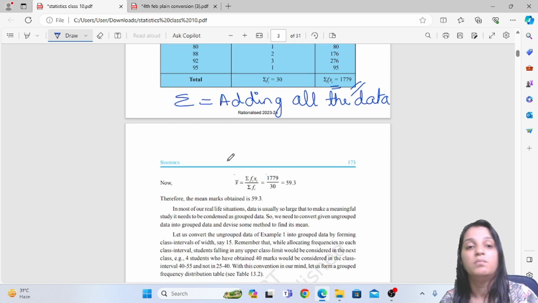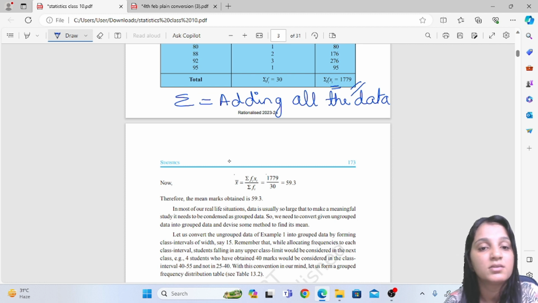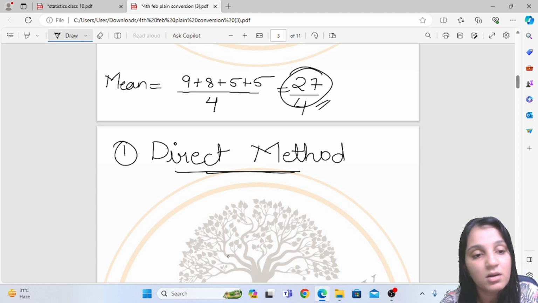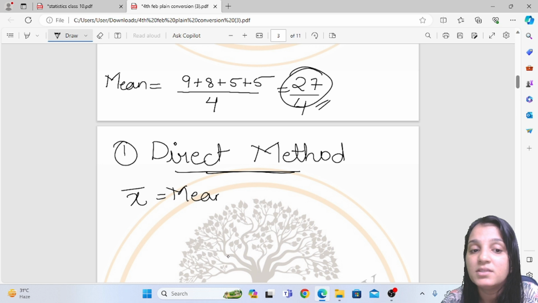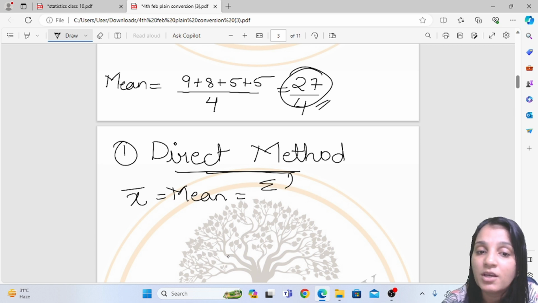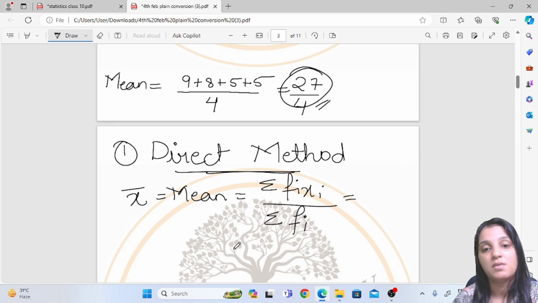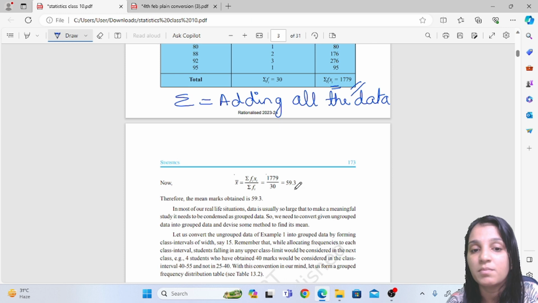Now the mean for the direct method. Note this down: x bar means mean. Mean is given by summation fi xi upon summation fi.